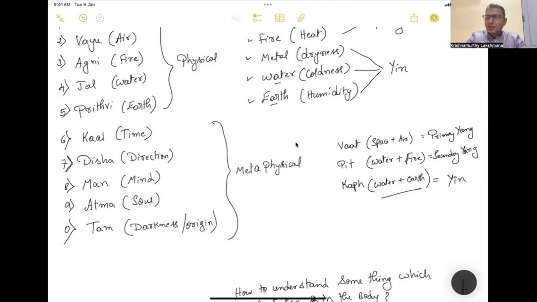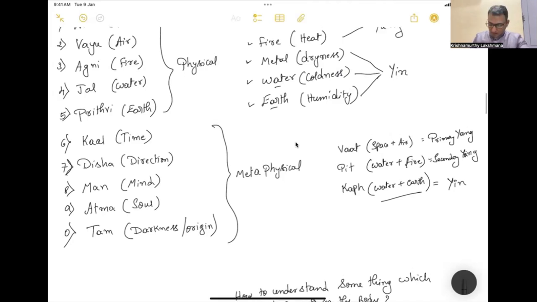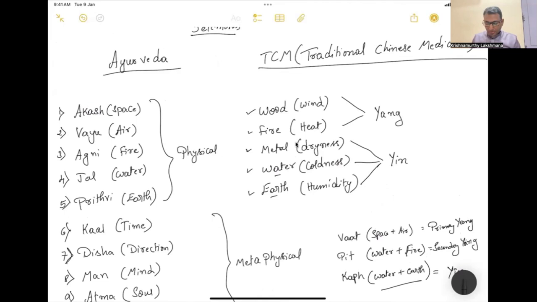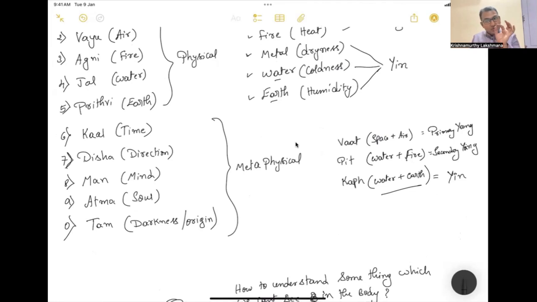Sir, but dryness is Vata. Yes. See, I am not trying to find the exact correlation, you will not be able to find that. I am trying to get to a point which is more yin. Between the three options, which is more yin? Kaph is more yin, right?